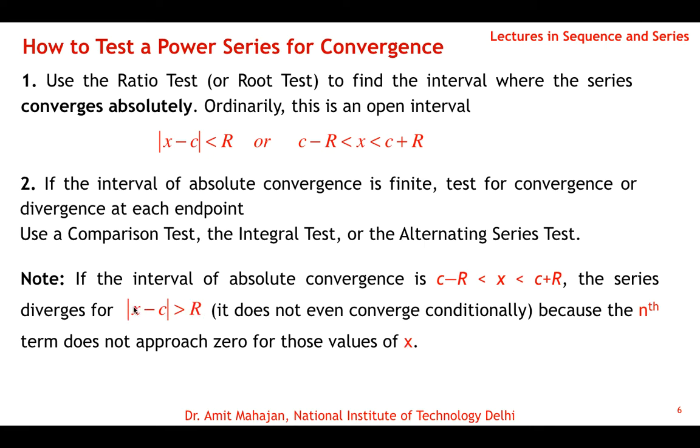So the idea is simple now: if you are given an infinite power series, for absolute convergence, to find out the interval, we can use the ratio or root test, and then at the endpoints you can use any of the other tests.